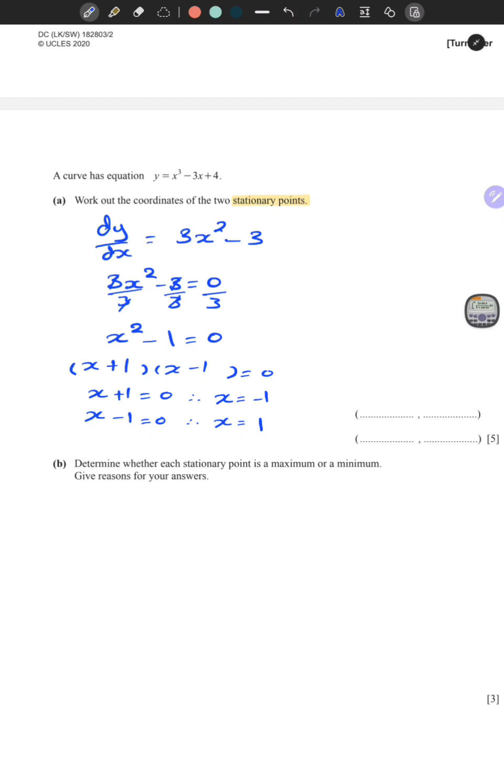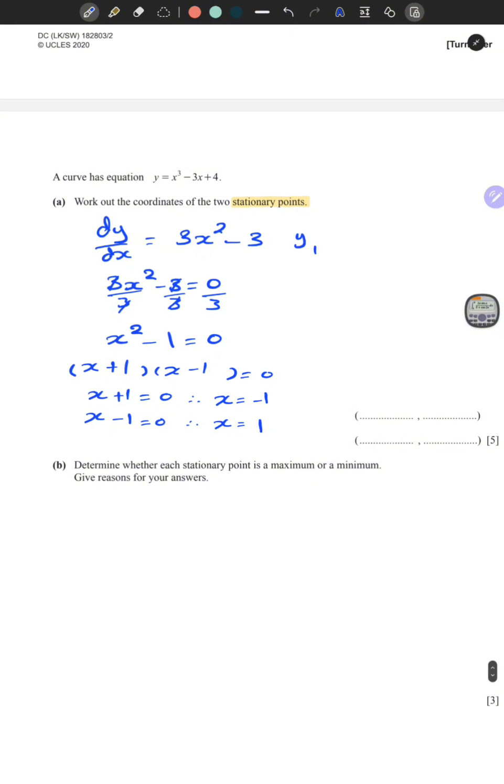Here to find the value of y1, let's say this is x1 and this is x2. y1 will take x1, so that is (-1) cubed minus 3 times (-1) plus 4.